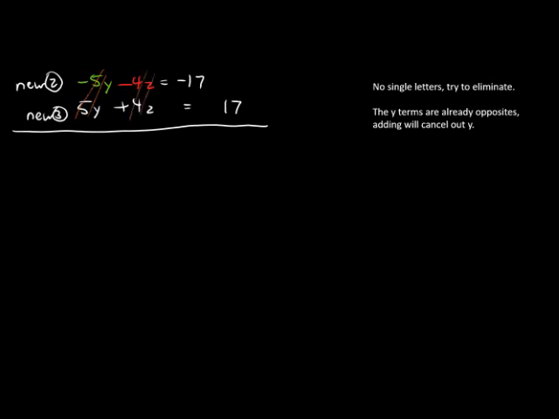But also notice on the right side, negative 17 plus 17 will also cancel. And so everything will cancel in this equation. Since everything is canceled out, we now have the equation 0 equals 0. 0 equals 0 is something that's called an identity. Anytime you solve a system and end up with an identity, that means that the system has infinite solutions.